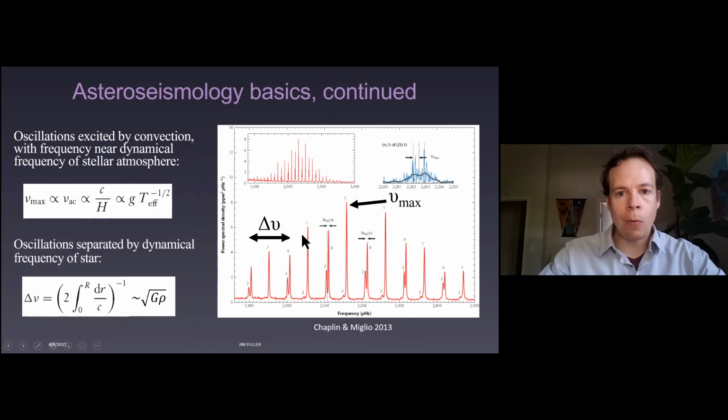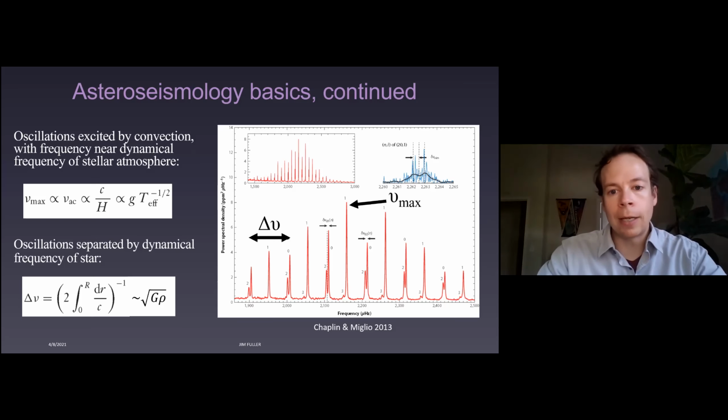And there's two very important things that we measure from a power spectrum like this. The first is that this whole power spectrum is centered around a characteristic frequency, which is called nu max. And that's basically determined by what excites the pulsations, which for many stars like the sun or red giants is basically just convection in the outer layers of the star.